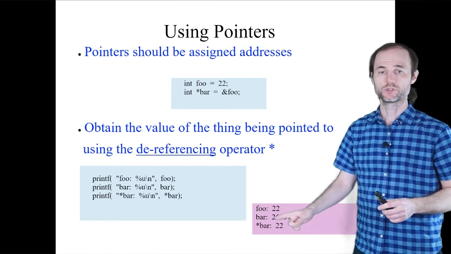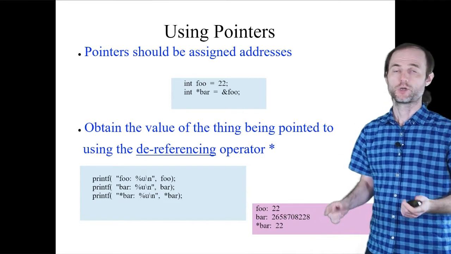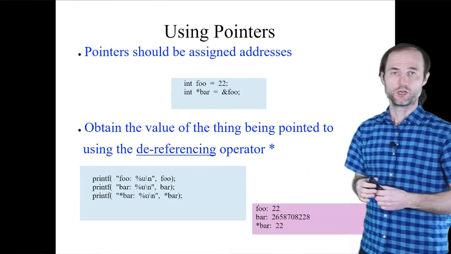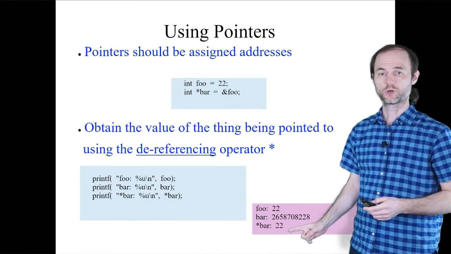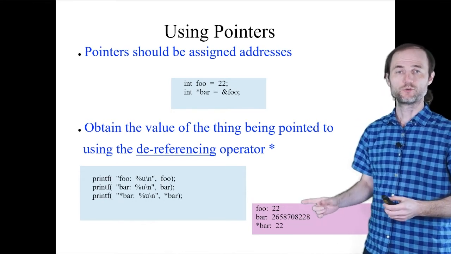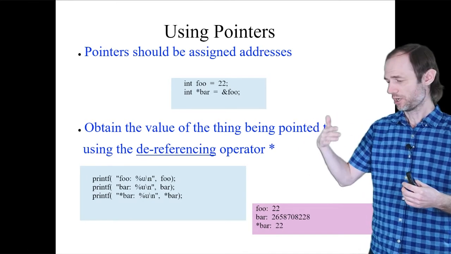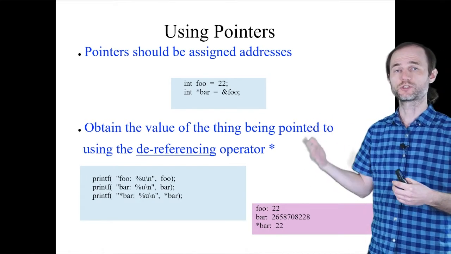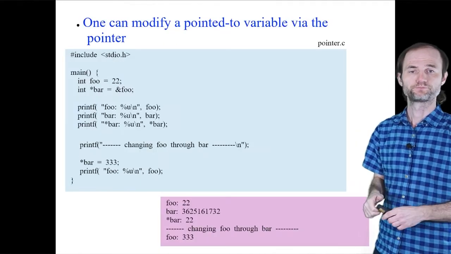And you can see that bar, the value of the pointer, is some big number that is going to change every time you call the code. However, the value star bar will always be the same as foo because star bar points to the same location. So bar points to the same location as foo, and star bar will be exactly the same value as foo.